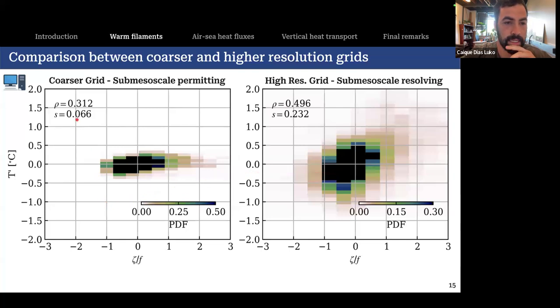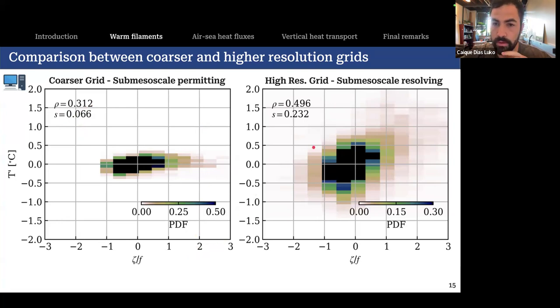And what we see is that for the coarser grid, we have a smaller correlation and a smaller slope of the linear regression. And we see that there are not a lot of strong anomalies in SST when we go to higher cyclonic Rossby numbers.